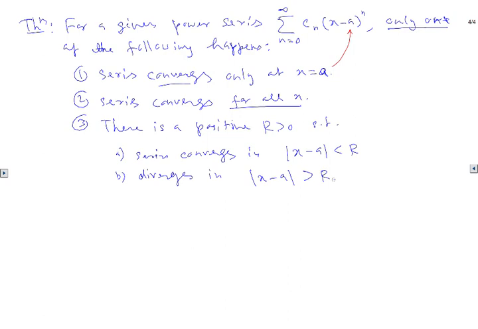So let's write it. First, we can write a few more things. This R is called the radius of convergence.